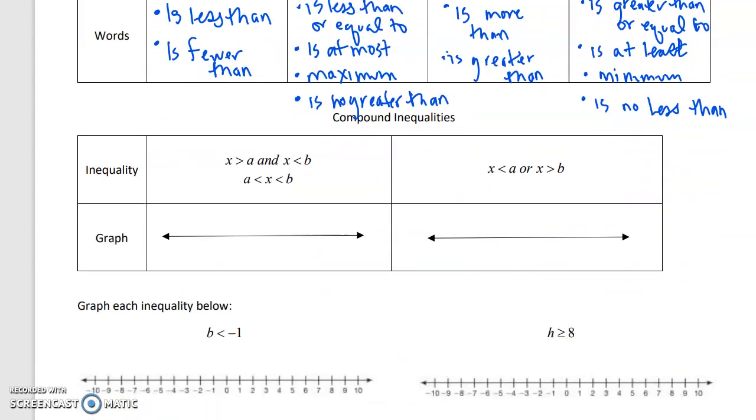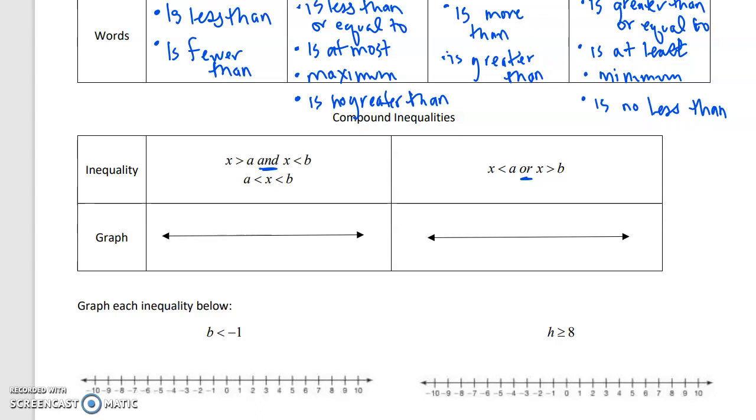So think back to English class. A compound sentence is linking 2 thoughts or ideas or sentences together. So a compound inequality links 2 inequalities together. The 2 types of compound inequalities are the and inequality and the or inequality.